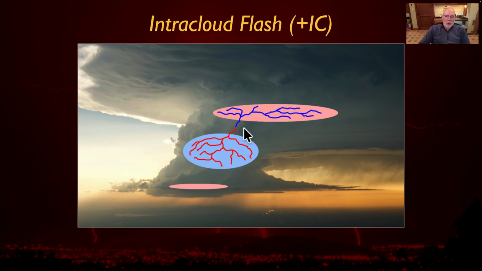And the development of a lightning flash actually occurs in between the charge regions, and it is believed that it occurs in the area where the highest electric field value is, in between those charge regions.